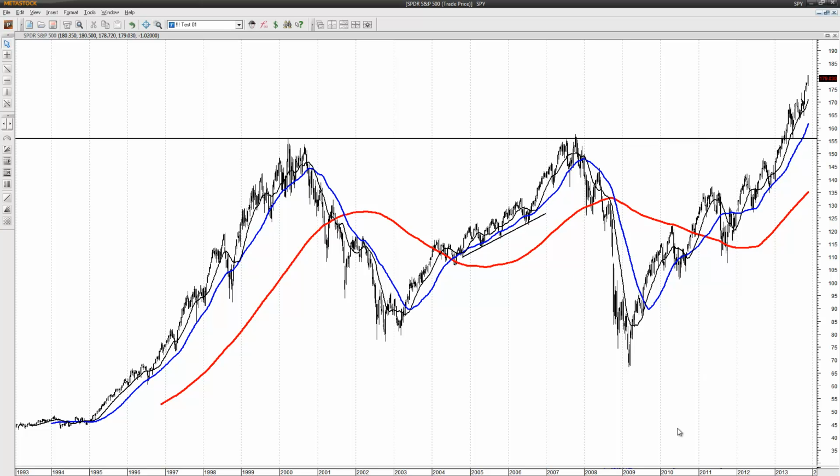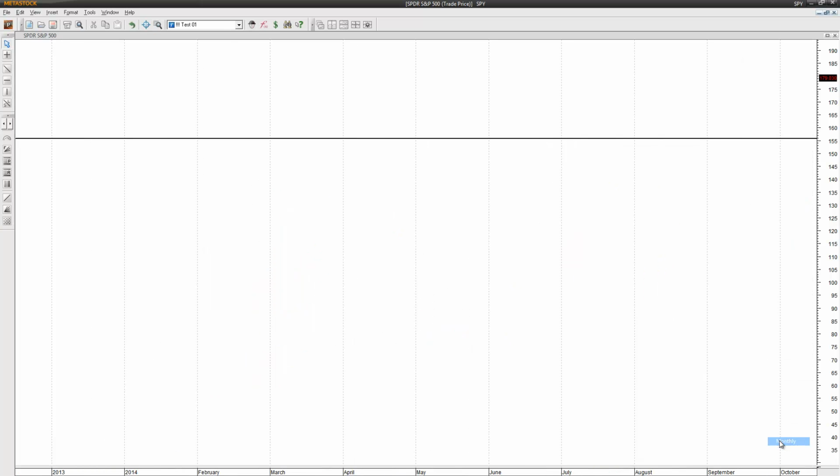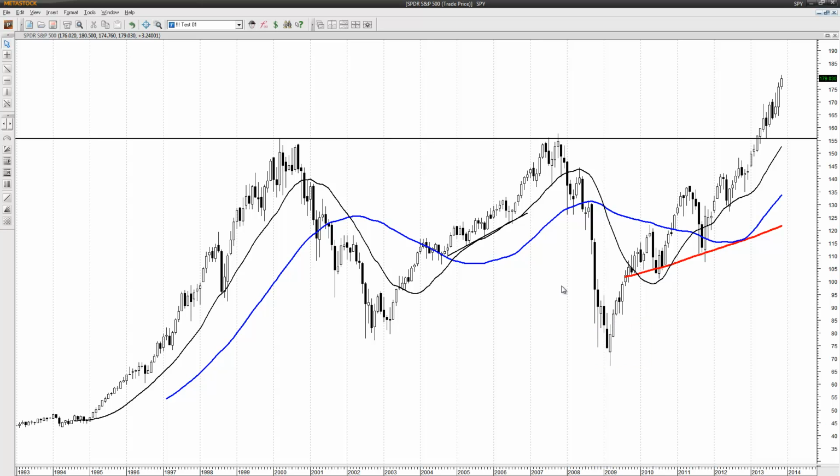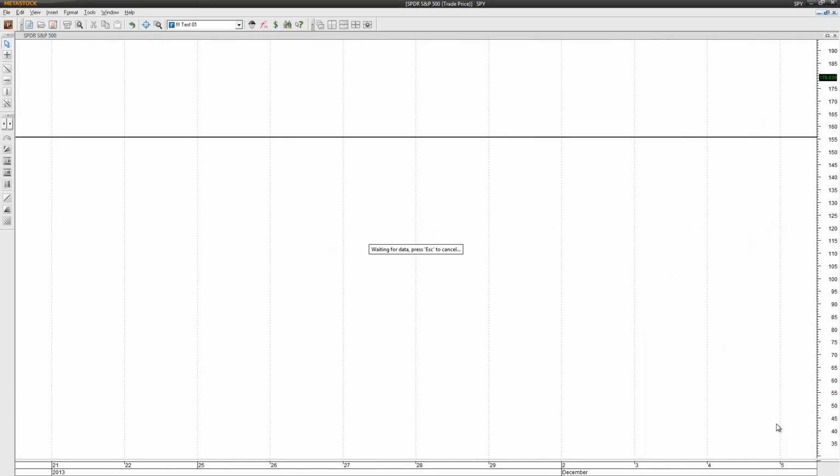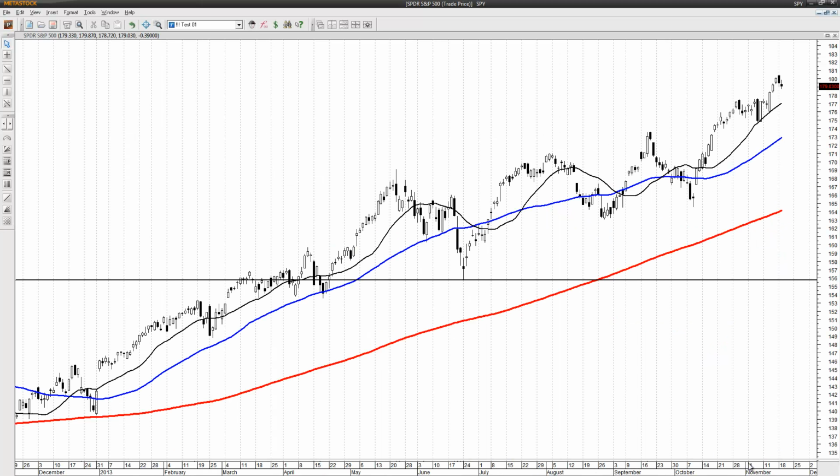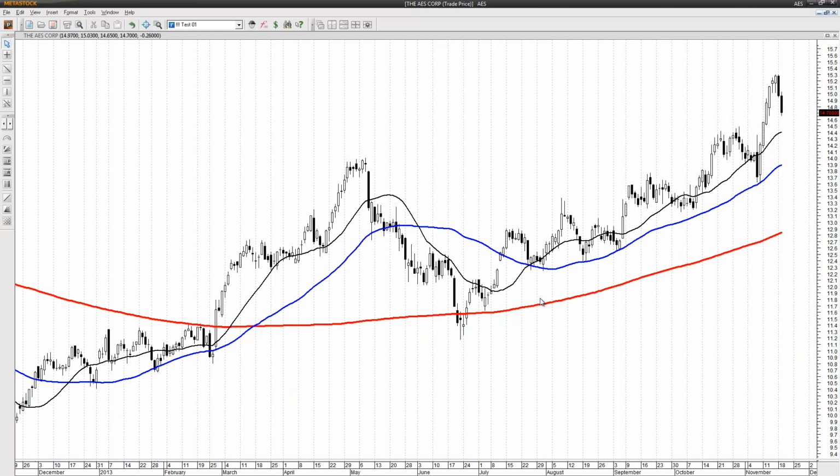This is the weekly chart, the levels are the same, and this is the monthly chart and the levels are the same as well. If you look at the indicators, they change. The 50 moving average, the 20 moving average, the 200 moving average, they all change when you change time frame. Okay, enough of that. Take a look at the first chart that I get for the US market.